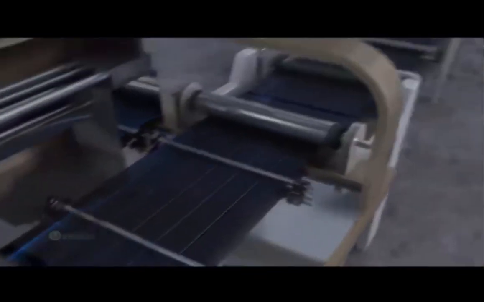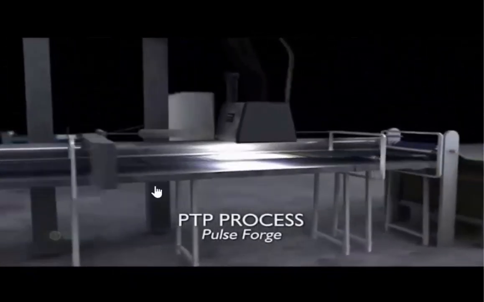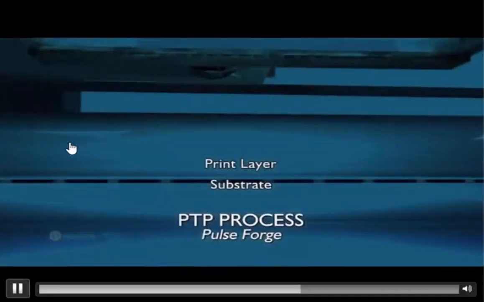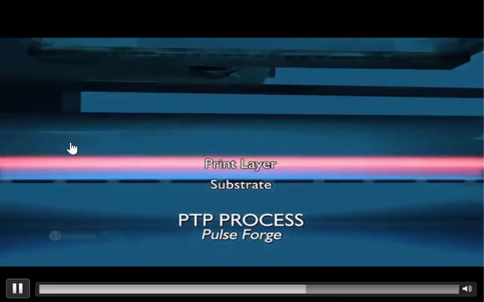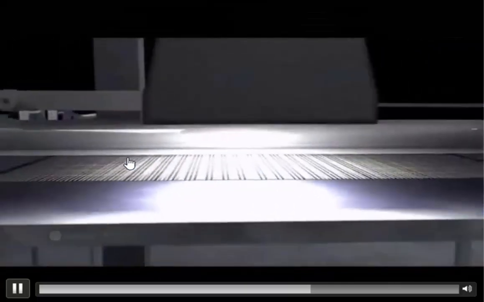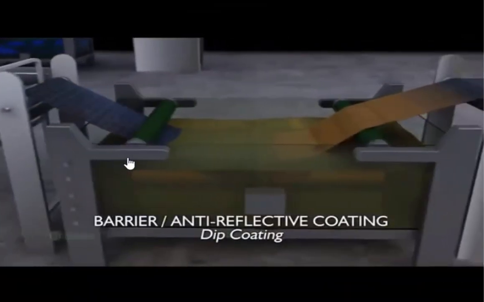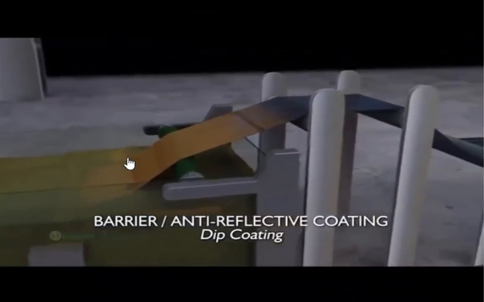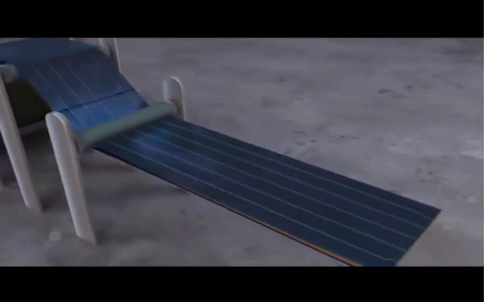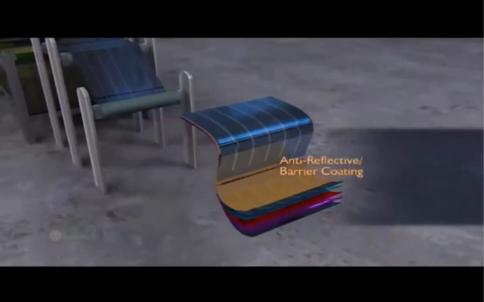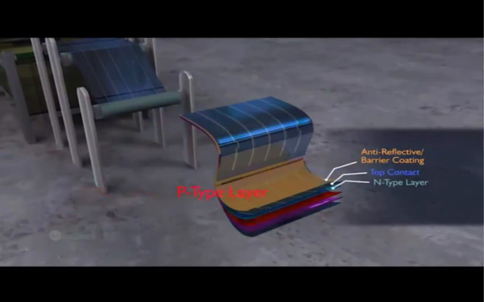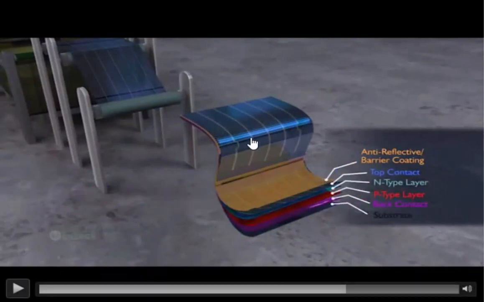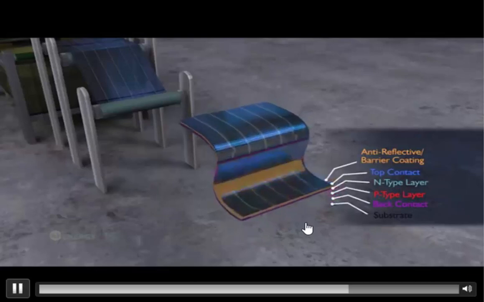After this they make the process with the grid, like bus bars and other contacts. You can see there are 1, 2, 3, 4 bus bars and fingers. You can see the anti-reflection barrier coating, top contact, n-type layer, p-type layer, back contact and substrate.